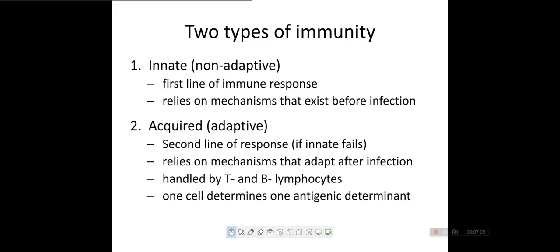When innate immunity, which is present from our birth, fails, after that acquired immunity will produce its response, so this immunity is known as the second line of response. Acquired immunity relies on mechanisms that adapt after infection. When infection takes place, first innate immunity will be activated.